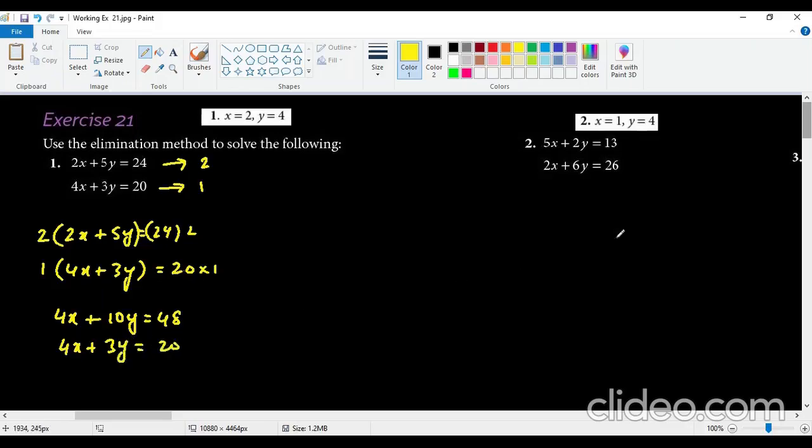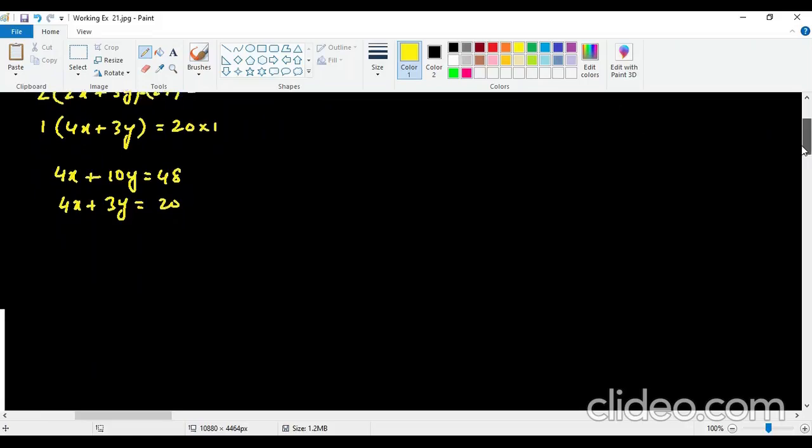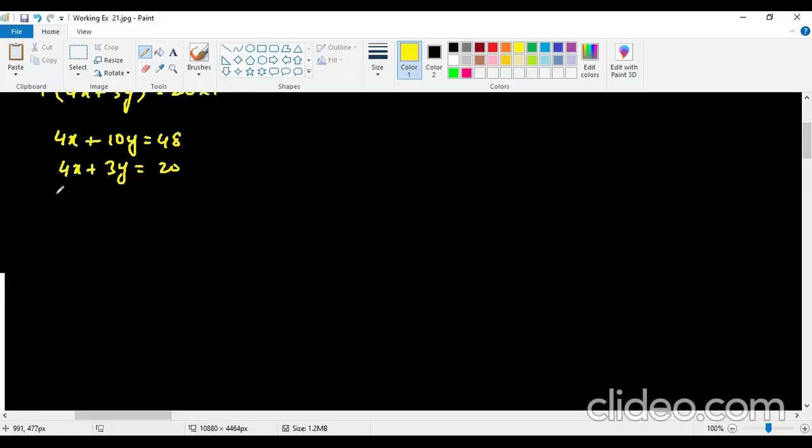Now this is going to be a straight line over here. We are going to subtract, and we'll be subtracting. Once we are subtracting, we know that the second equation has to change its signs. This plus sign becomes a minus, this plus 3y becomes minus 3y, and plus 20 becomes a negative 20.